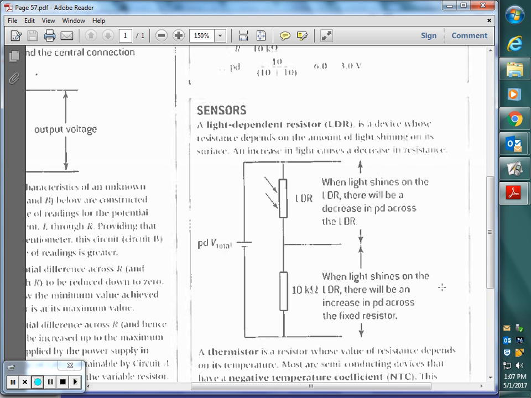So a large resistance means a big potential difference across it, which means there's not much potential difference going on here, okay? A small resistance means that more potential difference has to occur here. Remember, whatever energy they pick up through the battery has to somehow, some way get turned into other stuff.